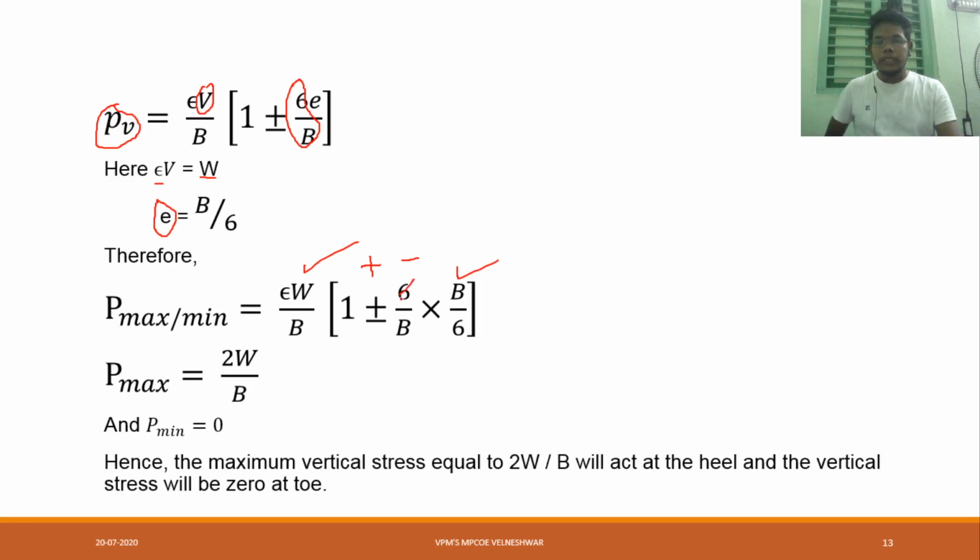Here 6 cancels, B cancels, so remaining 1 plus 1, which is 2. So the answer is 2W by B. This is our P maximum value. Now coming to P minimum, 1 minus 1 is 0. So P minimum is equal to 0, and P max is equal to 2W by B.